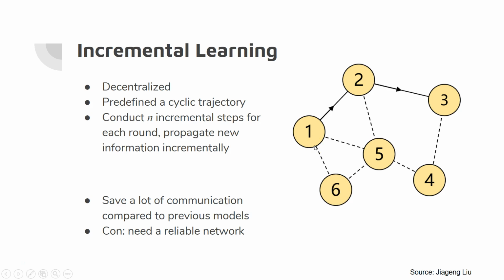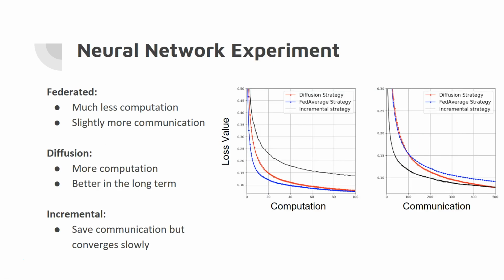In this case, we can save a lot of communication compared to previous models because the cyclic structure is the simplest structure you can have on the network. However, we really need a reliable network for this model to work because, for example, if the link between 3 and 4 breaks, then the network will fail.